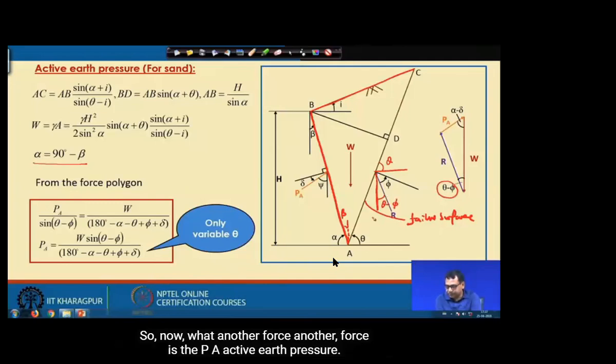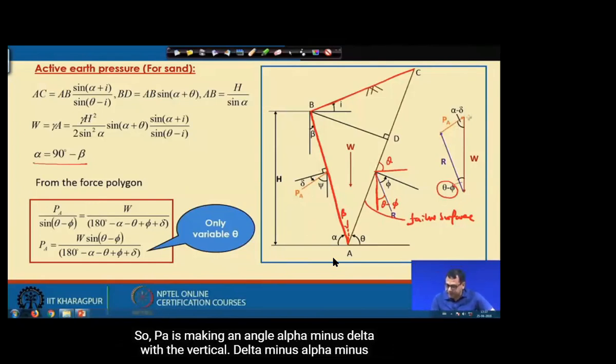Okay. Now another force is PA, the active earth pressure. PA is making an angle with the vertical.